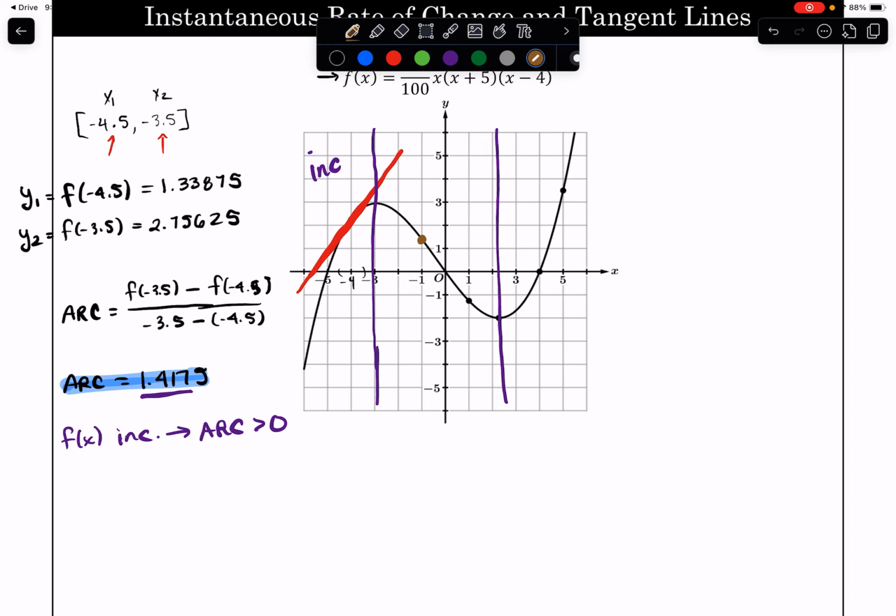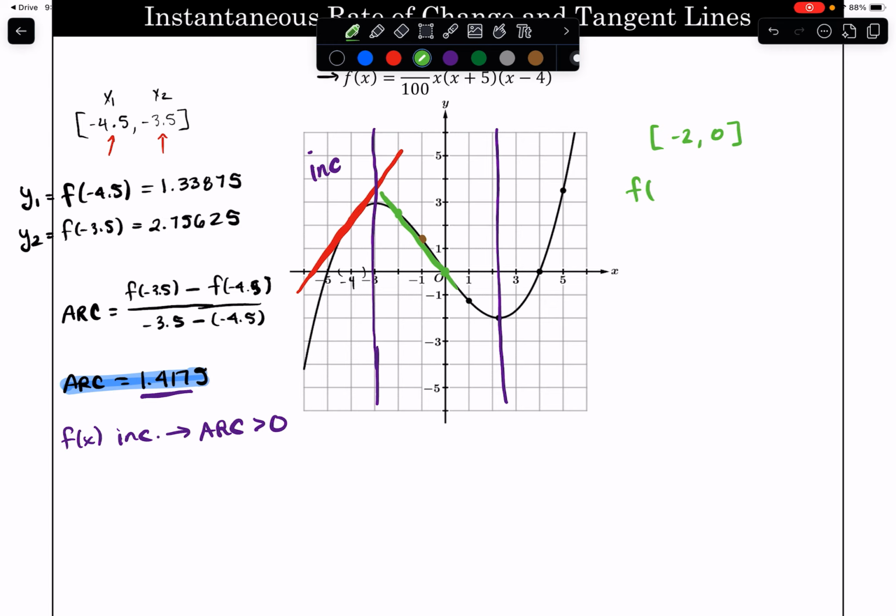So I'm going to pick -2 and 0. Okay. So I'm going to figure out what the average rate of change is between those 2 points right here. So for this one, my x1 is going to be -2, and for 0, my x2 is going to be 0.